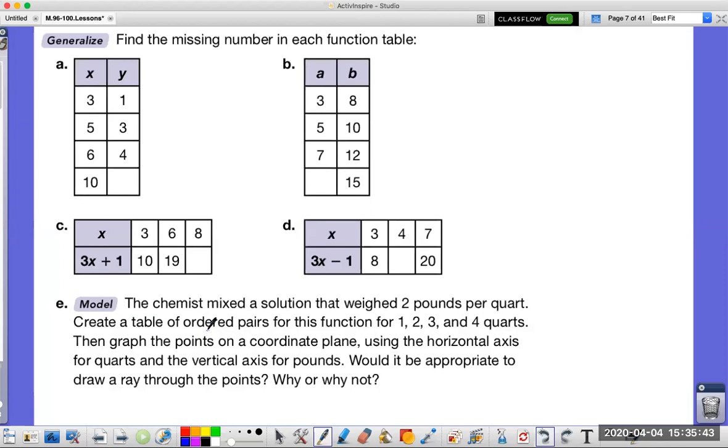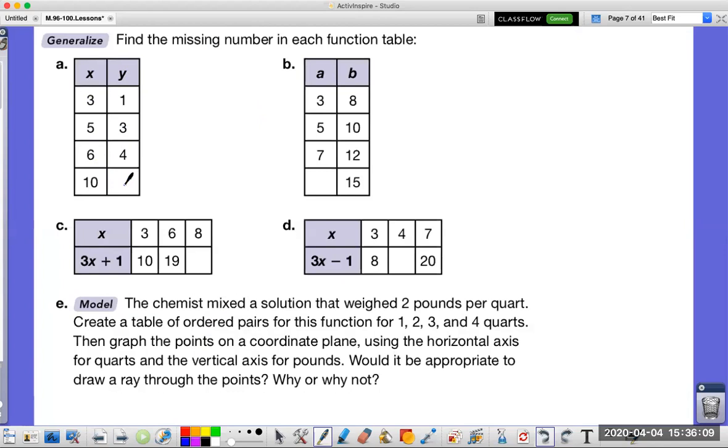Let's try these though. If you have a missing number y here, what is the value going to be for this missing y if x is 3, y equals 1, and if x equals 5, y equals 3, x equals 6, y equals 4, x equals 10, y equals what?